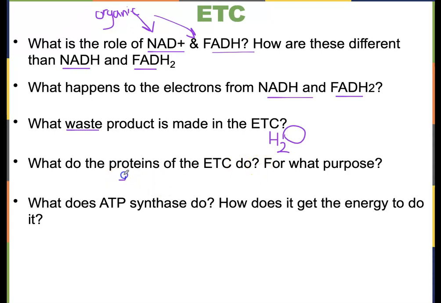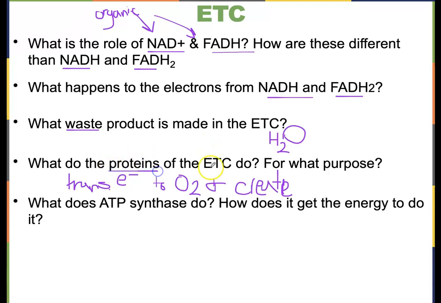Well, they transfer electrons from one to another, ultimately to oxygen. But in the process, they create that really high hydrogen ion diffusion gradient. It creates a really high concentration gradient.